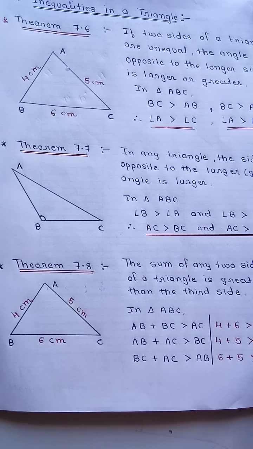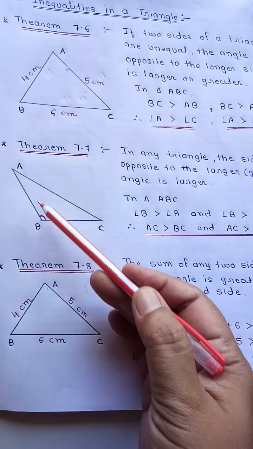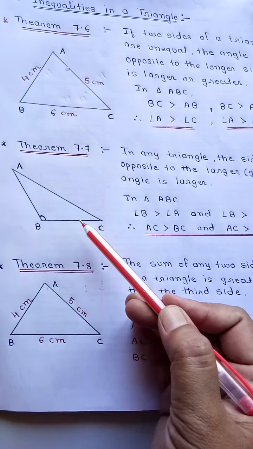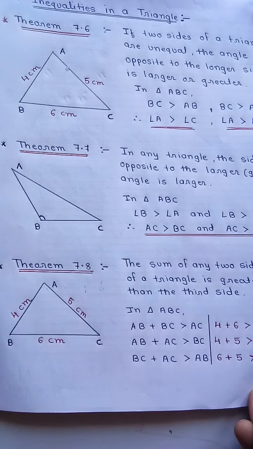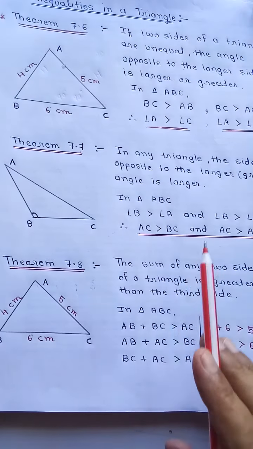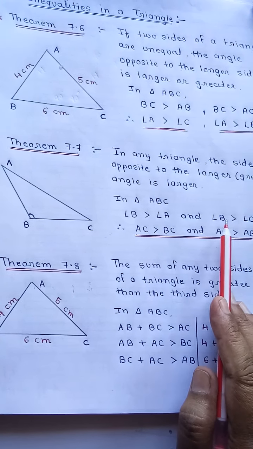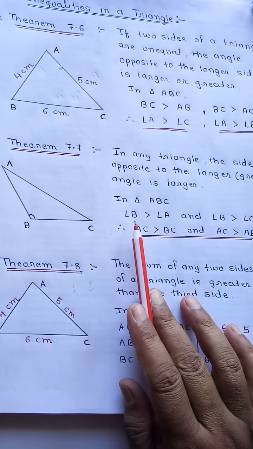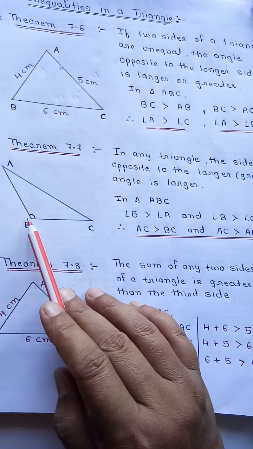So here I have drawn an obtuse angle triangle. So it will be very clear to you. In this you can see angle B is greater than A and C because angle B is obtuse angle. So angle B is greater than angle A and angle B is greater than angle C. Opposite to angle B is which side?